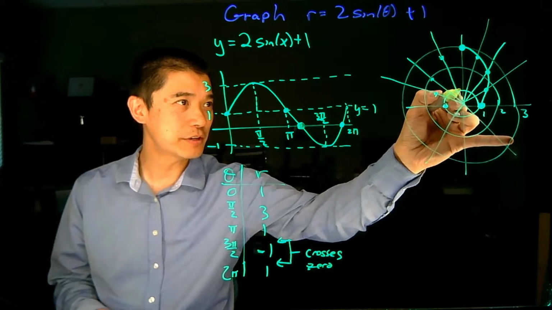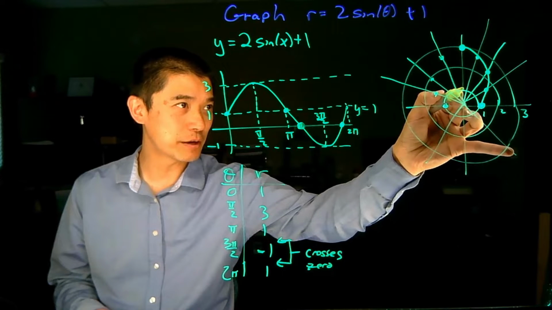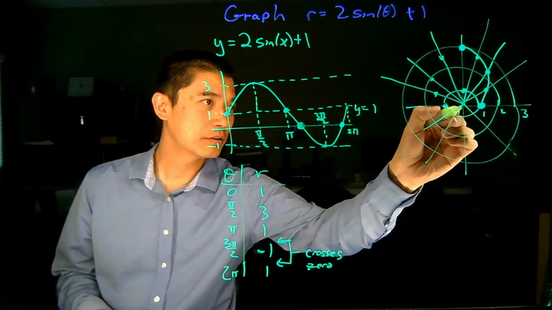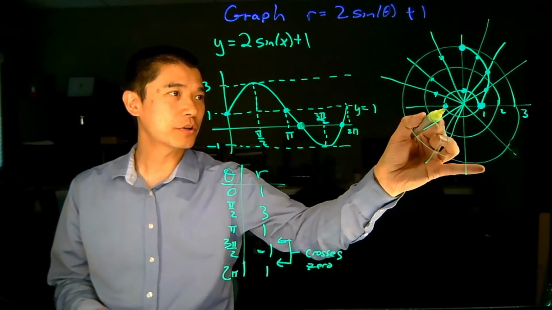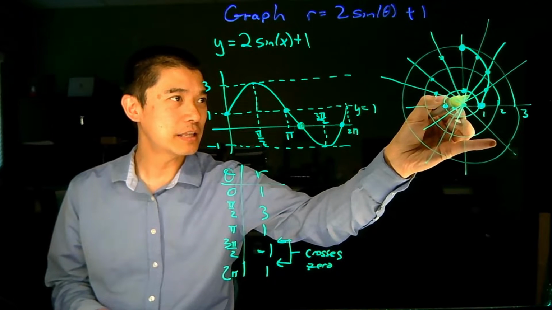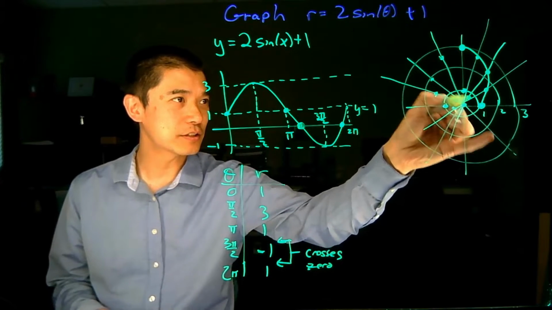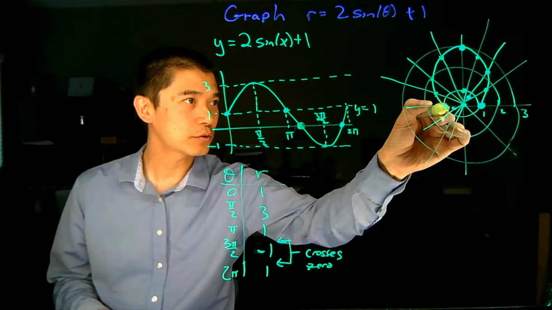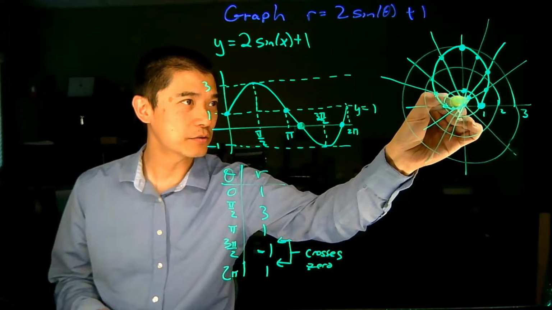Well, 3 pi over 2, negative 1, that's 1 in the backwards direction, so it's going up this way. And so this time when we draw our values here, we're going to go a little smaller. At some point we're going to get to 0, and then we'll be on the negative side of things. And so this kind of loops around like this, getting shorter and shorter, then it gets to 0, and it goes into negative territory.